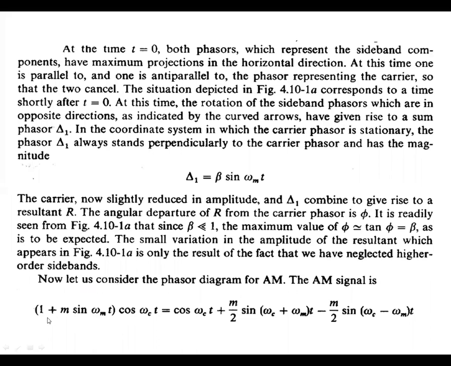The AM equation is u of t equal to 1 plus m sin omega m of t, times cos omega ct, where Ac, the amplitude, is unity. This expands to cos omega ct plus m by 2 sin of omega c plus omega m of t, that is the upper sideband, minus m by 2 sin of omega c minus omega m of t, the lower sideband.